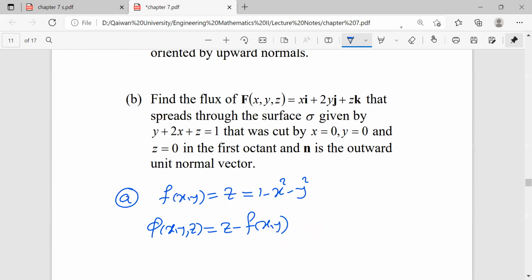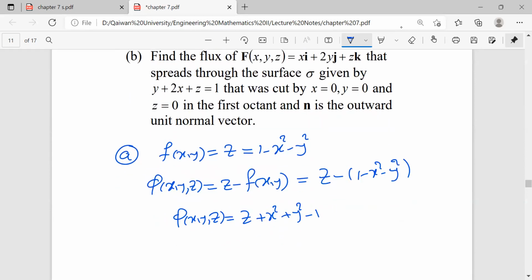Here f of xy is 1 minus x squared minus y squared, so we just replace f of xy by it. So you get z minus (1 minus x squared minus y squared), and so phi of xyz equals z plus x squared plus y squared minus 1.